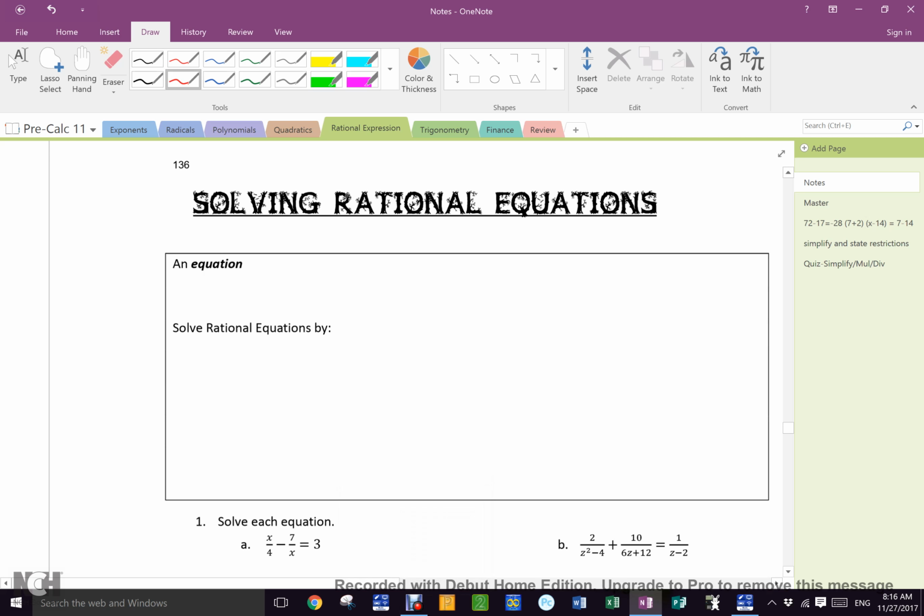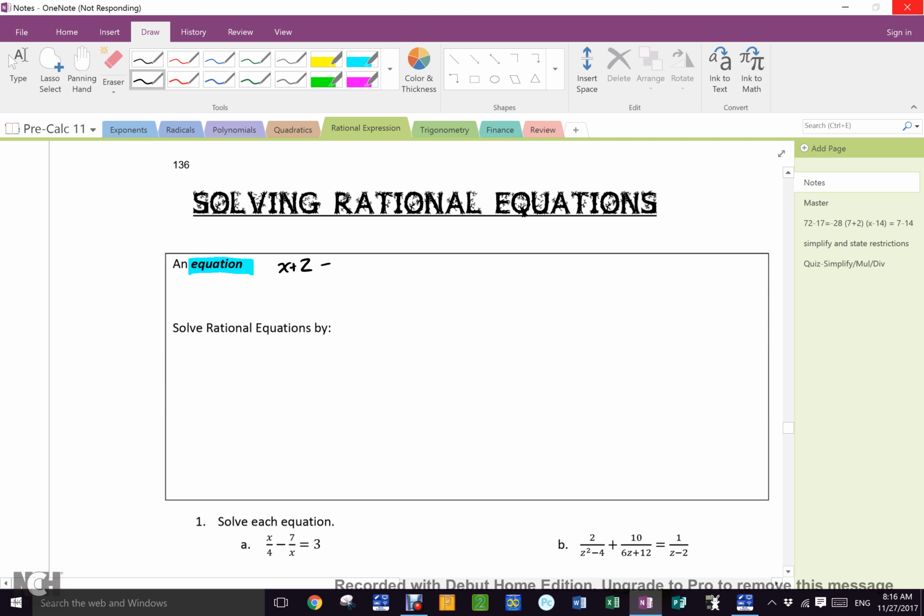Please remember, an equation is what? As opposed to an expression. Excellent, it has an equal sign. So that would make this an equation, right? That's an equation?